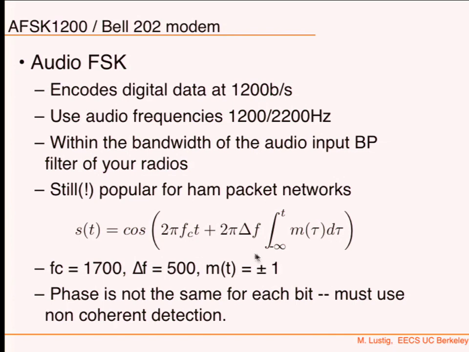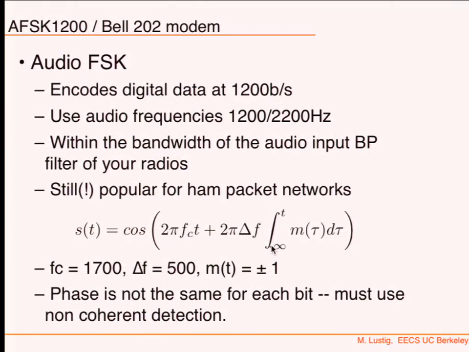Now, what's interesting here is that because of the choice of 1200 and 2200 and this particular bit rate, the phase at the beginning of each bit is not the same. If you think of how I would encode digital modulation, I would put maybe some cycles of phase through one bit period at one frequency, and then a full cycle of phase at the other frequency.